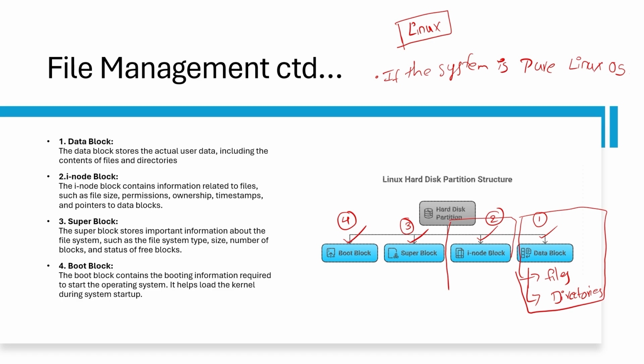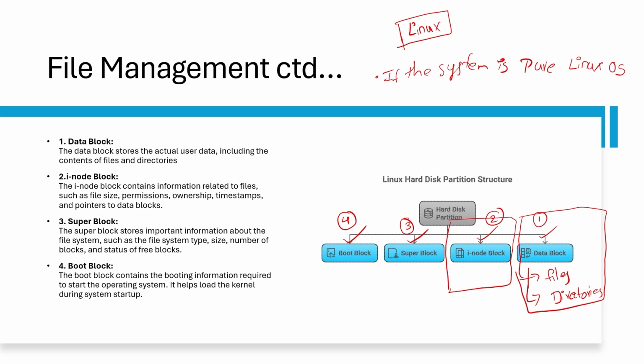Now the second block, the inode block. What does it contain? Before discussing the inode block, we know that when we create a process by using fork, a PCB block is created. It contains information about the processor, CPU state, PID, like that. Every process has one PCB block.